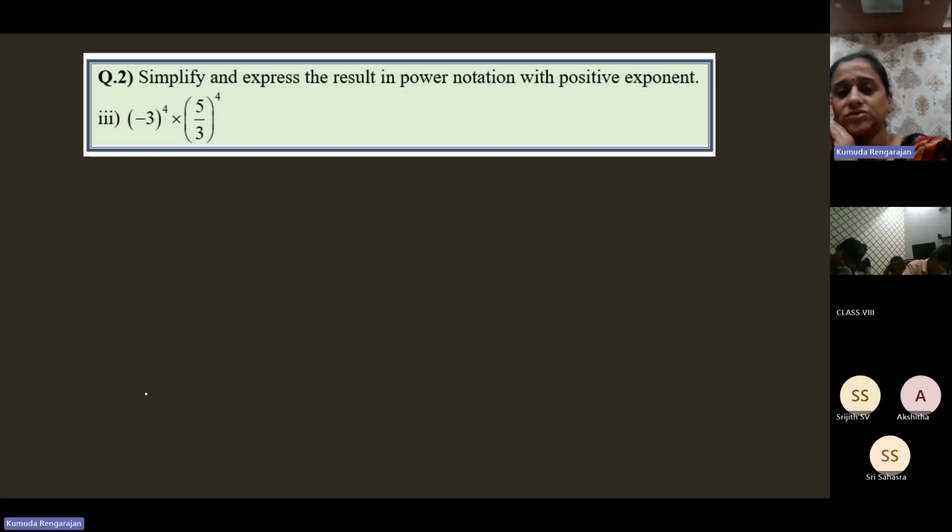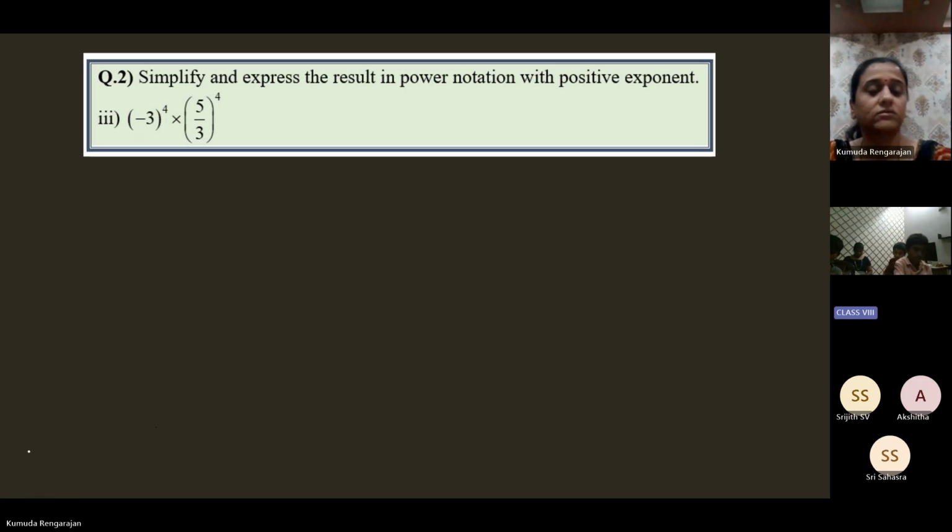Navneet, what are the conditions? How should you write the answer? Ma'am, it should be in exponential form and it should be with a positive exponent. And the power should be positive. Okay. Yes, ma'am, the power.